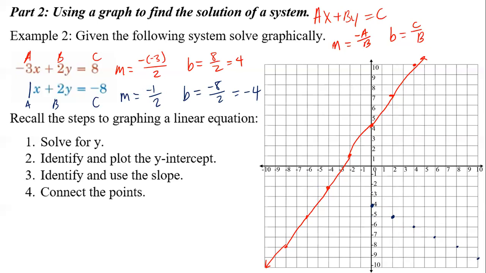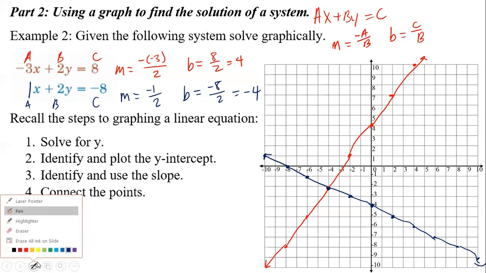And I'm going to reverse it. And then I'm going to connect. And bam.